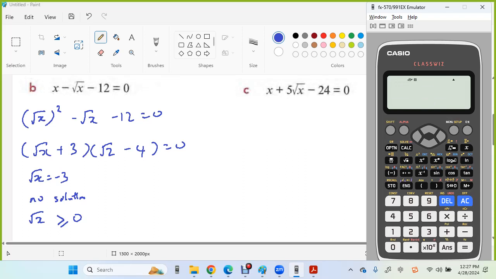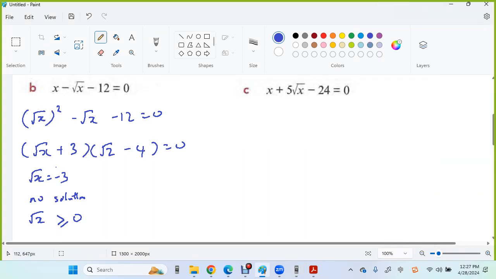So we won't have a value for square root x equal to negative 3. So we have the square root x equal to 4, then x equal to 16.